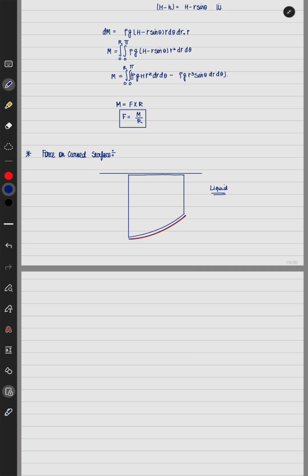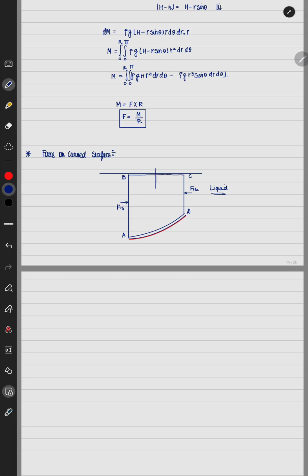So if ABCD is the control volume, let us try to find the different forces acting on it. From the left side, let us suppose a horizontal force FH1 acts on the left face. On the right face, the force acting is FH2.